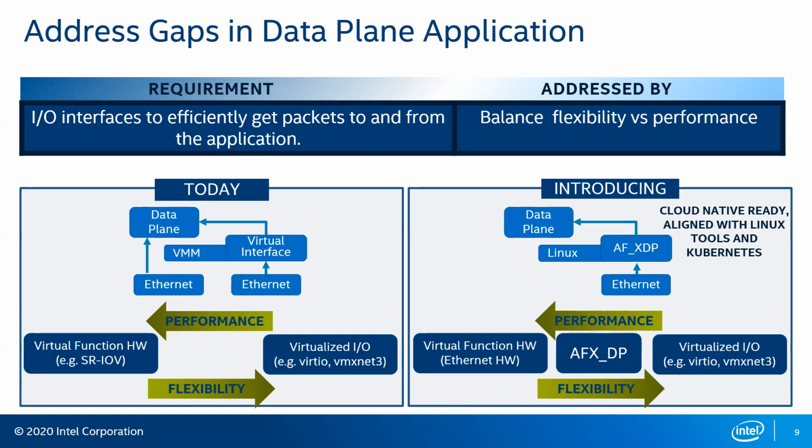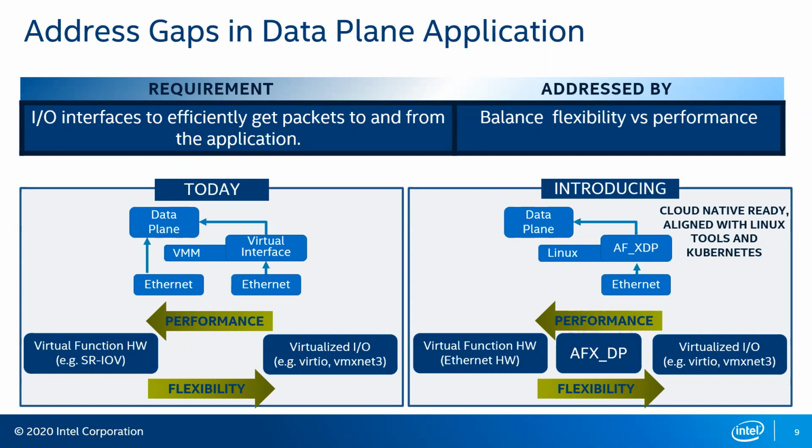For this reason, what we call the virtualized IO were introduced, those like VirtIO or VMXNET from VMware. Those virtualized IO bring the flexibility needed, but on the other hand, it comes at the price of performance.